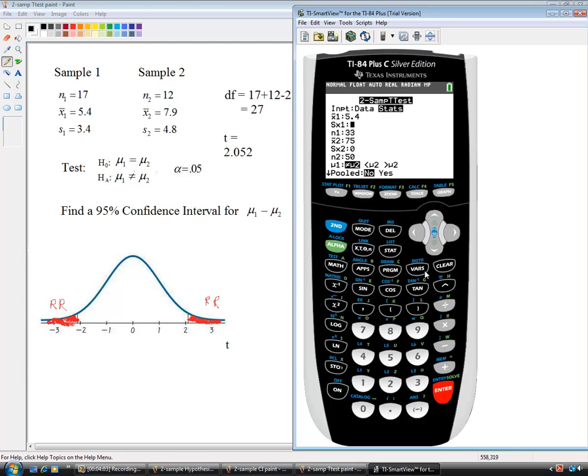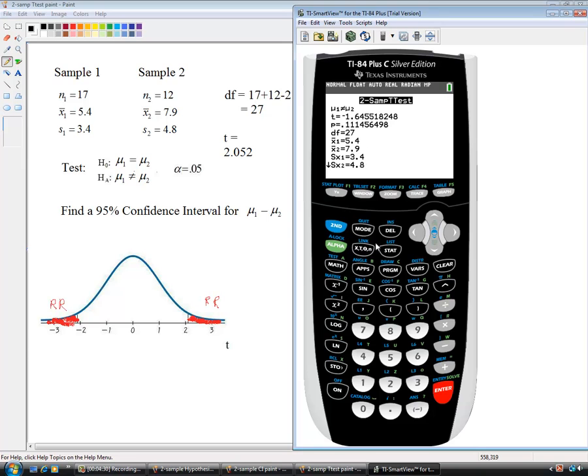Standard deviation for sample 1 is 3.4, and we're looking at 17. And for the second distribution, we have 7.9, 4.8, and then 12. And we're testing doesn't equal, so that's good. We are going to pool, and this should be our test statistic.